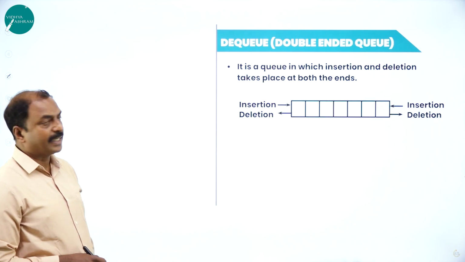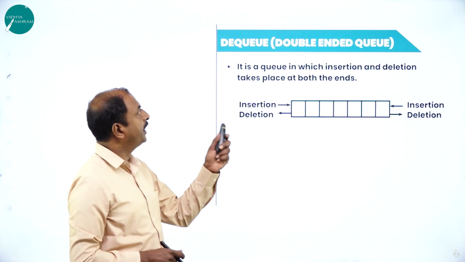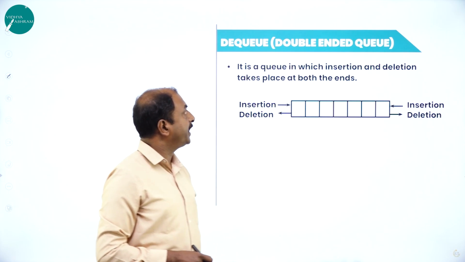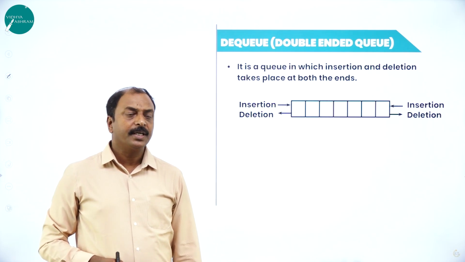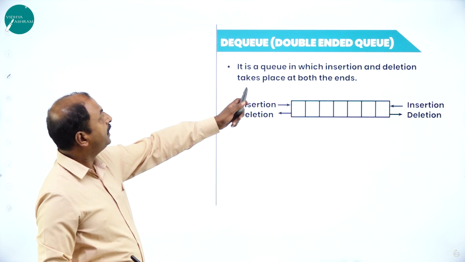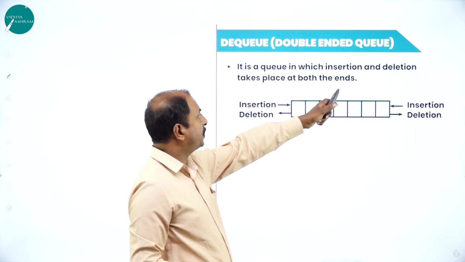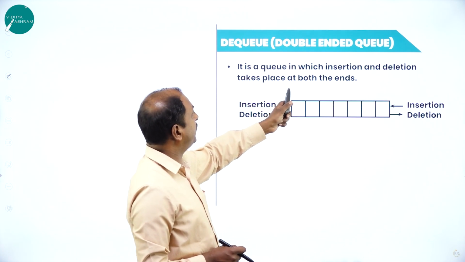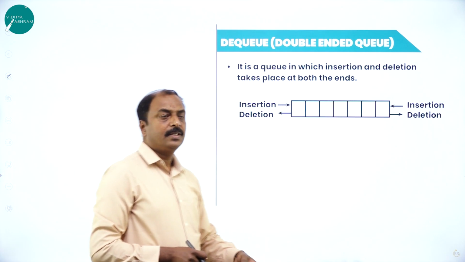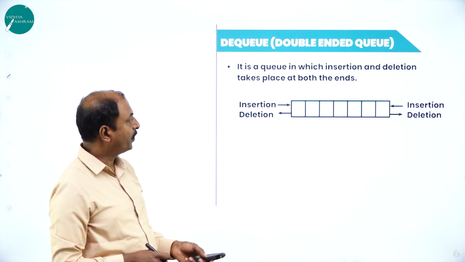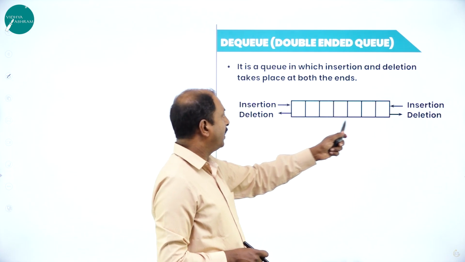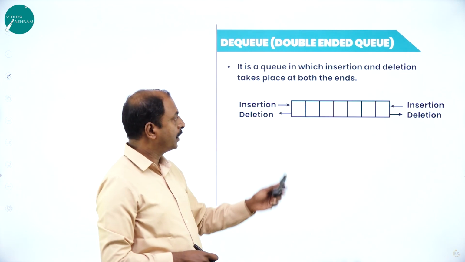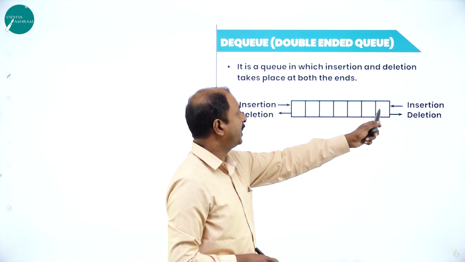Now let us move on to the next slide. Here this is DQ. DQ stands for double-ended queue. It is a queue in which insertion and deletion take place at both the ends. Now look at the example here. For example, this is an array where we are implementing a queue.